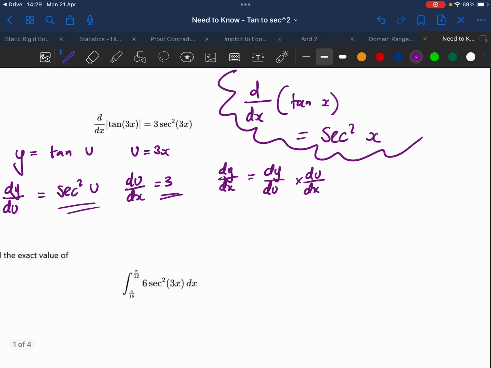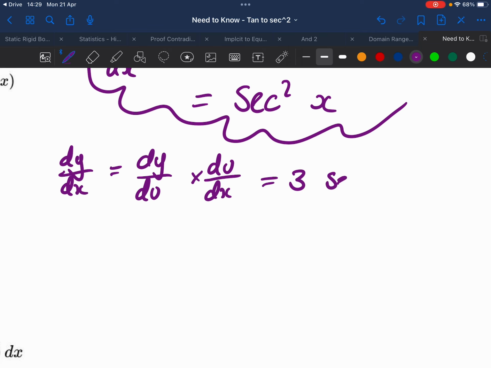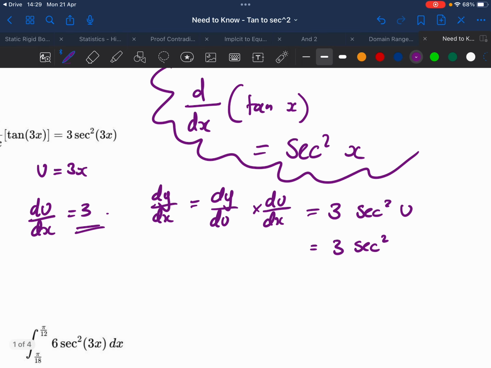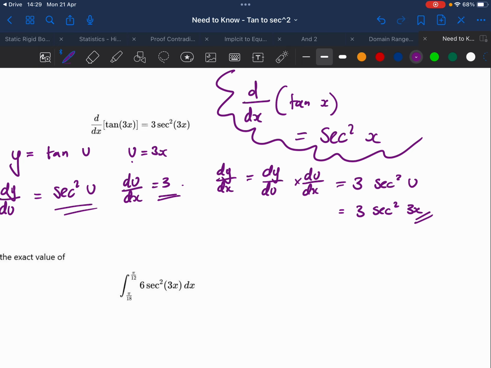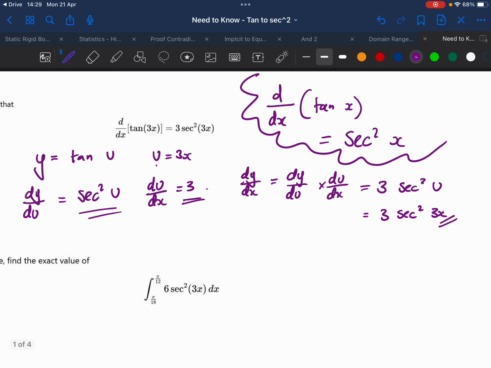So that's going to be 3 sec squared u, and u was 3x. There we go. That's what we were looking for. So we've demonstrated that result there.